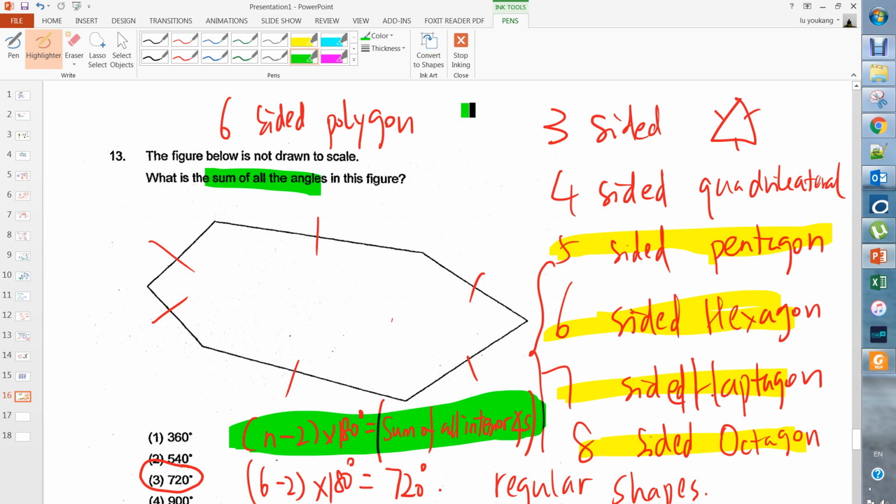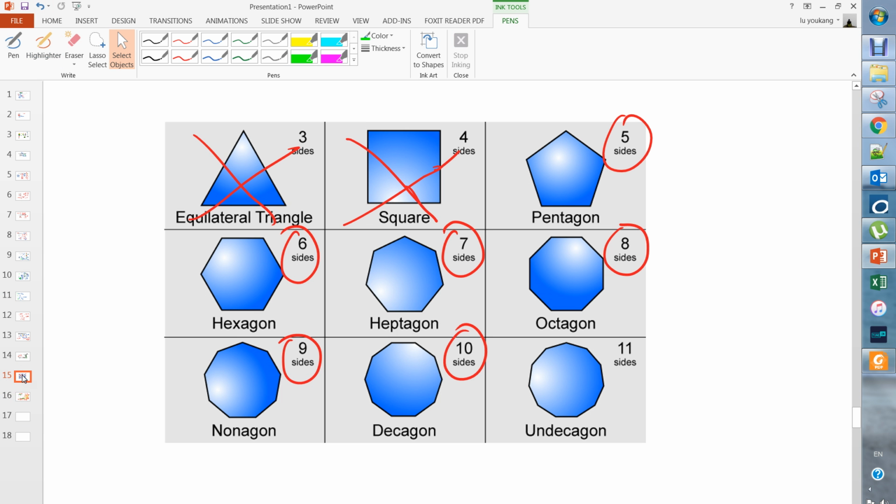Okay, and then please note down this also: 5, 6, 7, 8, 9, 10. Go. This will be tested also. So next lesson I will just say 6, and you need to give me hexagon already. I say 10-sided, you need to give me decagon.